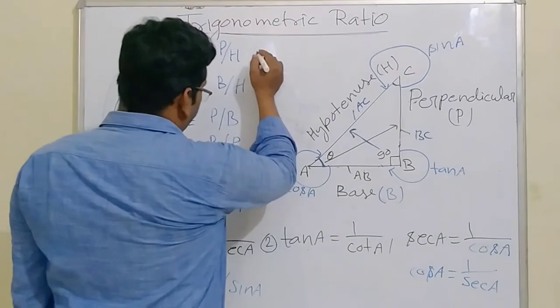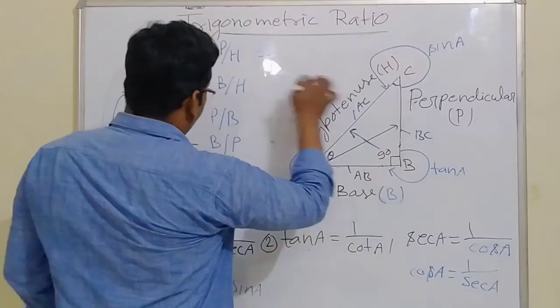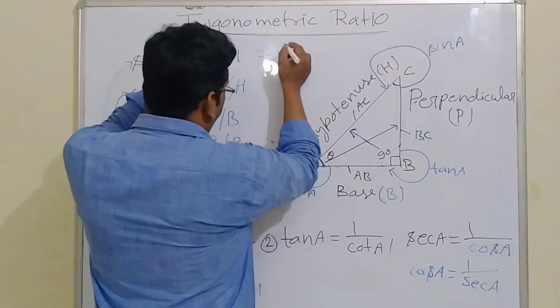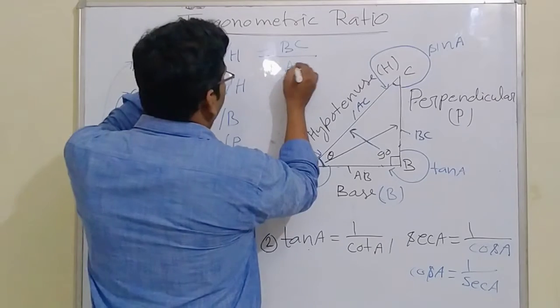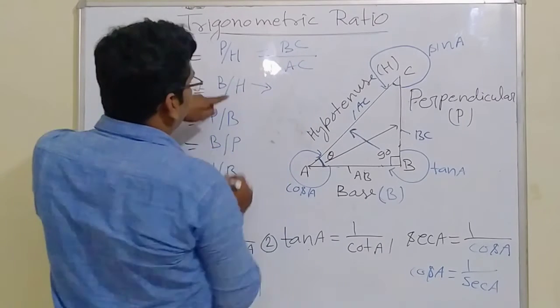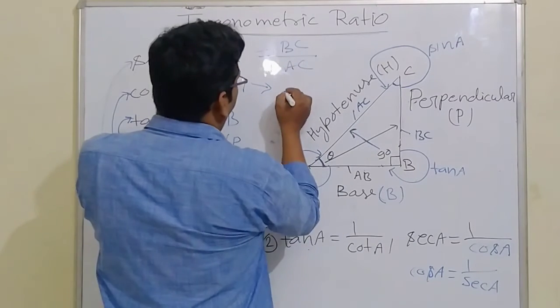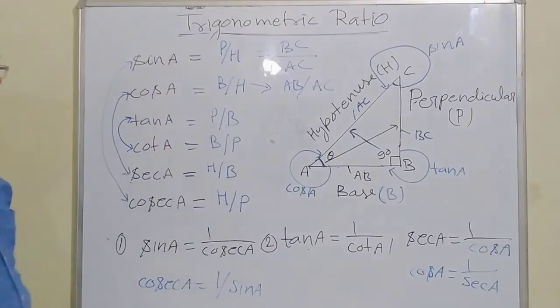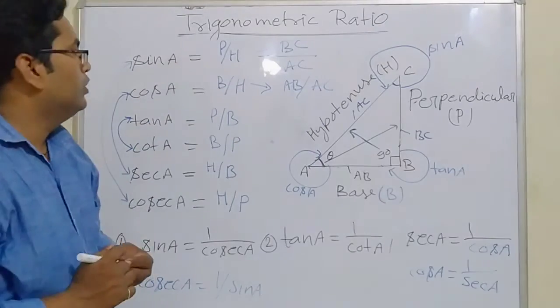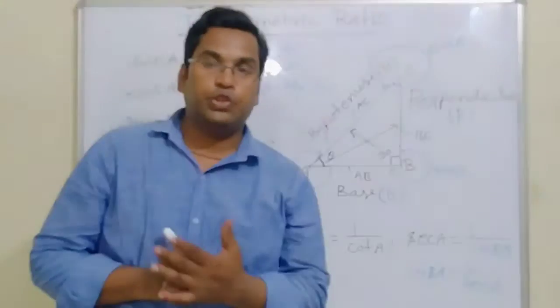If we write this in the form of sin, perpendicular is BC and hypotenuse is AC. Similarly, base is AB upon AC. We can write this also. So these are the basic trigonometric ratios.